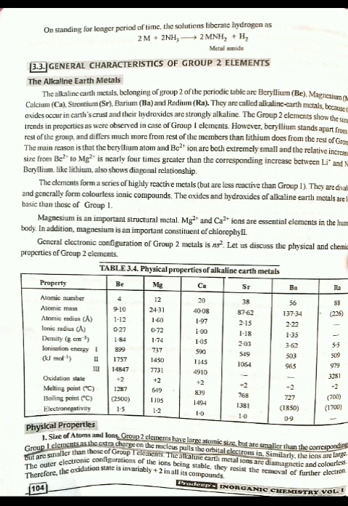Beryllium 1.84, magnesium 1.74, calcium 1.05, strontium 2.03, barium 3.62, radium 5.5. Ionization energy in kilojoule per mole. First, for beryllium 899, magnesium 737, calcium 590, strontium 549, barium 503, radium 509.